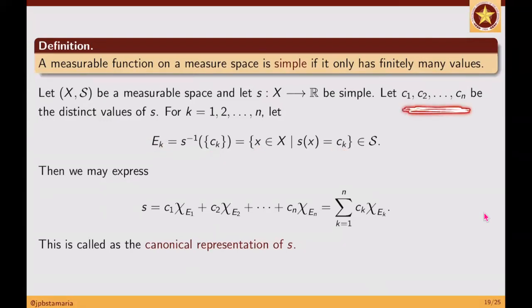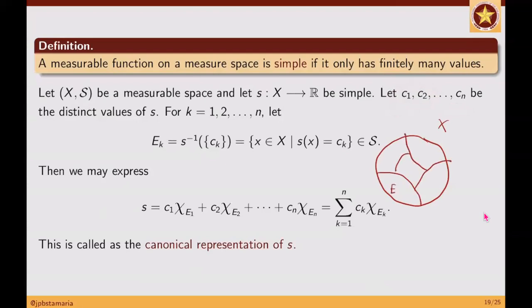Finite lang naman ang values mo, no? So ang gawin mo, ang laman ng E1, lahat ng mga nagpupunta sa C1, ang laman ng E2, lahat ng mga points na ang value ng S ay C2. Parang sinesegregate mo yung space into N parts. Ito yung X. Ito yung E1, E2, E3, E4, E5.